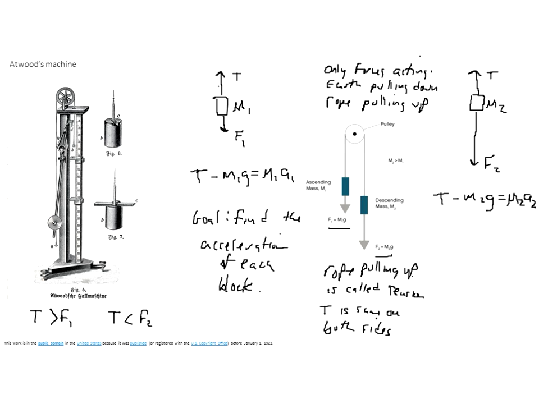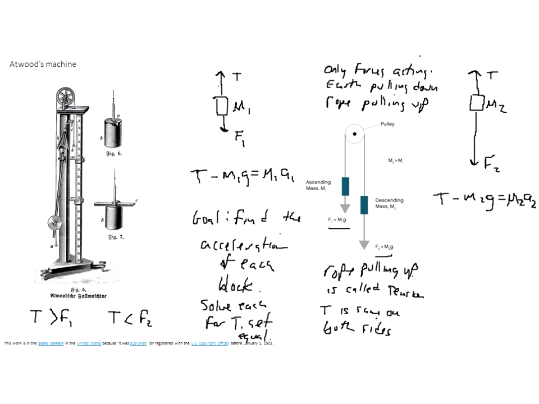So this time, since we want to find the acceleration, we're going to solve each of these equations for T and then plug one into the other, or actually set them equal to each other. We'll do that on the next one.